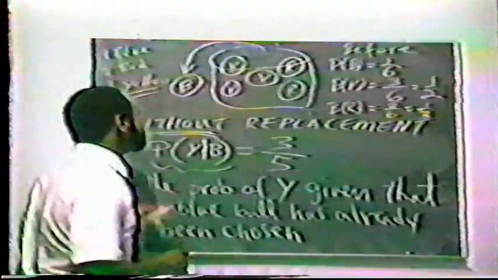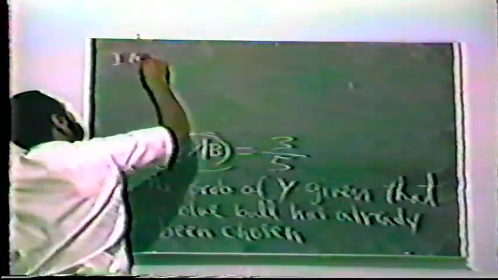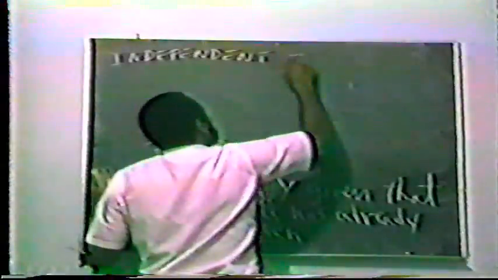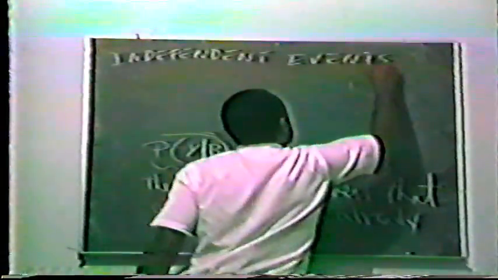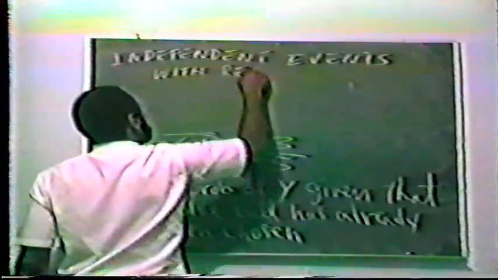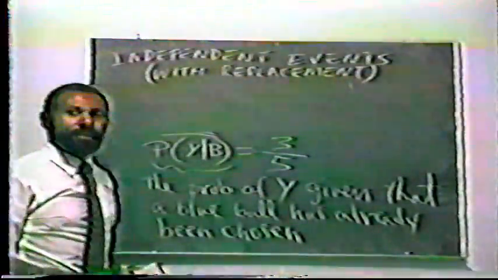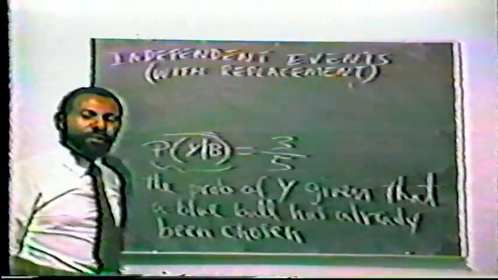If you have independent events, which of course means that you are replacing the balls that you take out, this is with replacement.